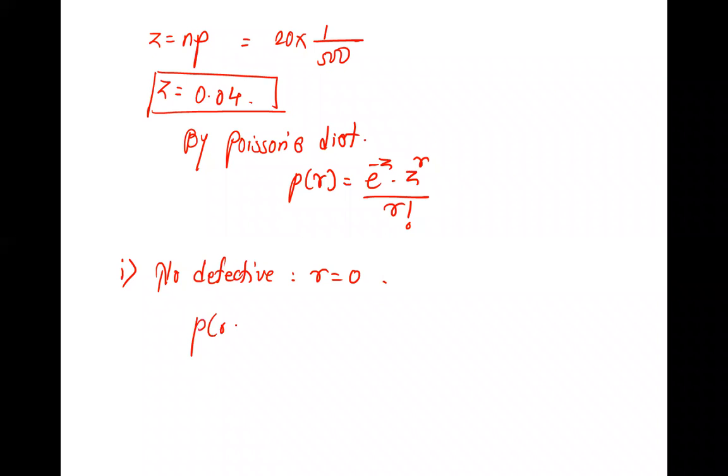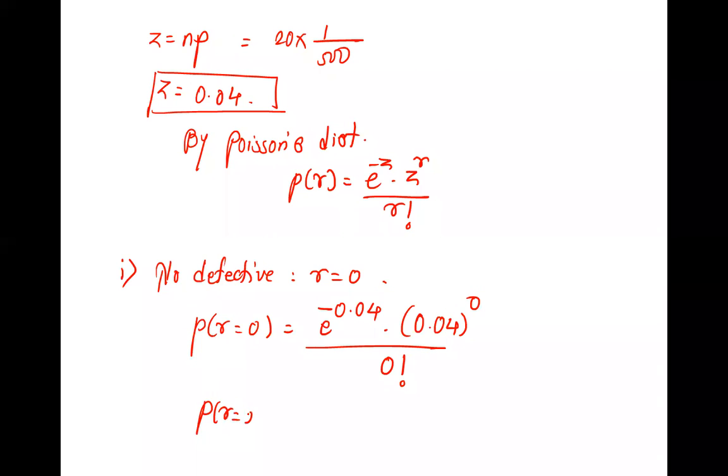So put R is 0, we have Z and solve. E raised to minus 0.04 into 0.04 raised to R, R is 0, upon 0 factorial. Solve it. Tell me the answer of no defectives probability.